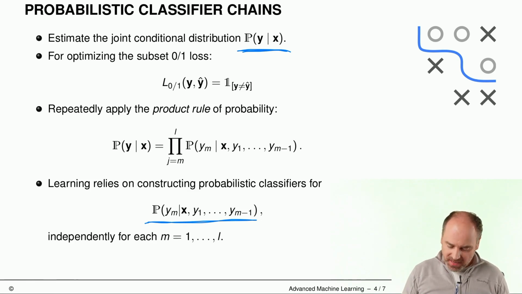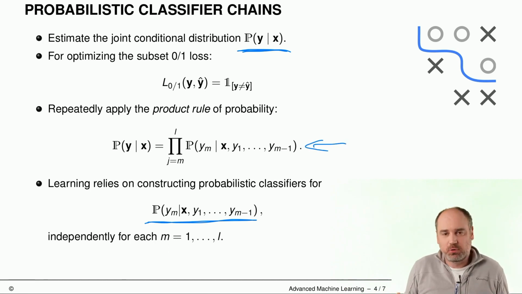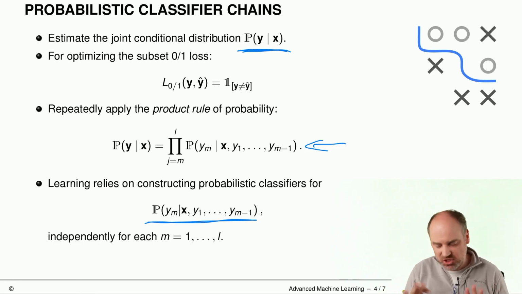That means we will learn a classifier that is supposed to estimate the output probability of the class for target ym based on the feature vector, but also based on some of the other targets, in this case y1 up to ym minus 1. We can also permute the targets beforehand and then choose a permutation that works best. Let's just assume that the targets are in a reasonable order.